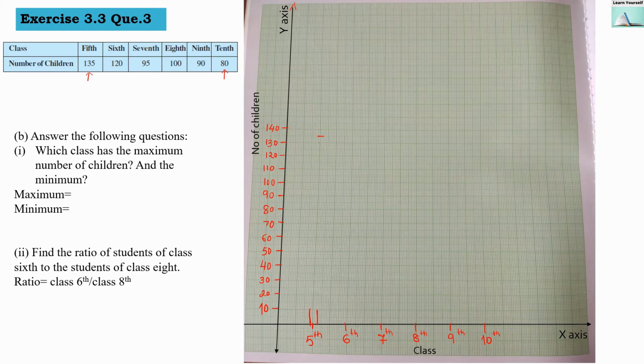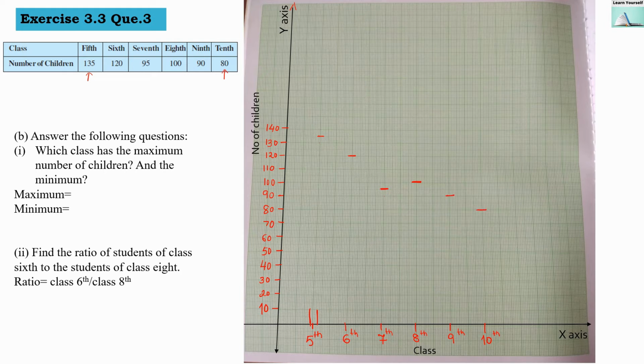Now for 6th standard it is 120, so it will come here. Now for 7th standard it is 95. This is 100 and this is 90. So in between I am taking the 95 reading. Here it will come. Then for 8th standard it is 100. For 9th standard it is 90. For 10th standard it is 80.